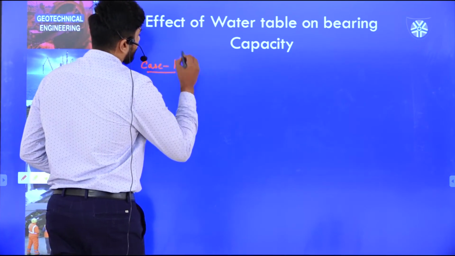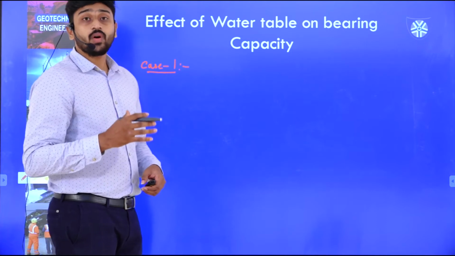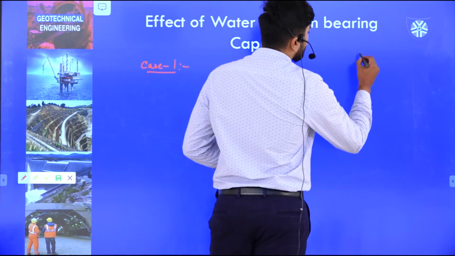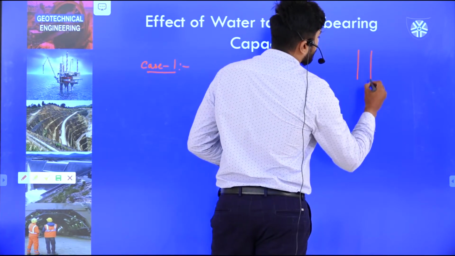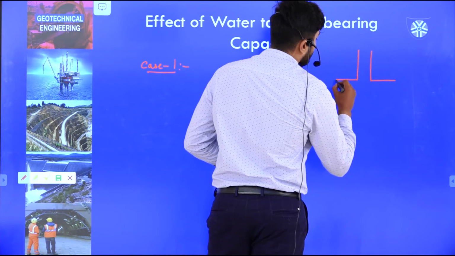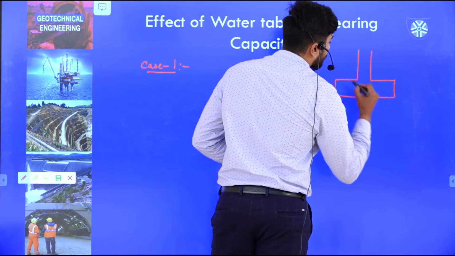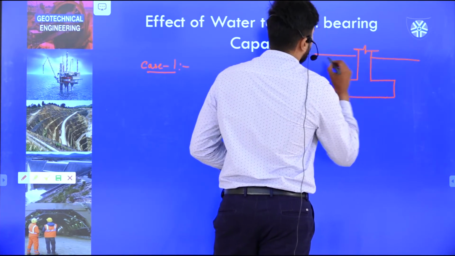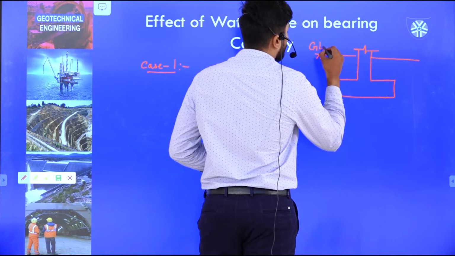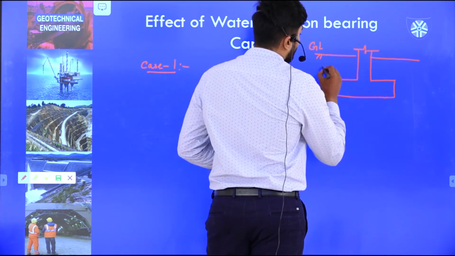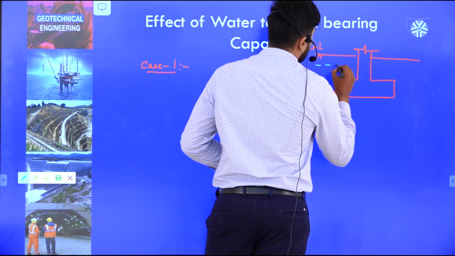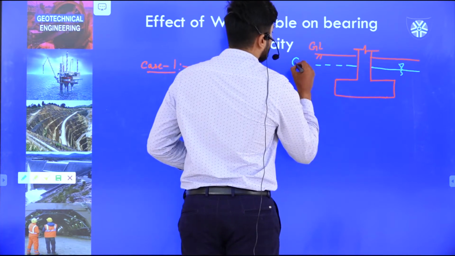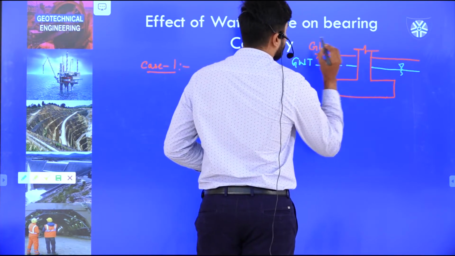Coming to case 1, when the depth of the water table is above the base of the footing. Let us consider this as a footing, and this is the ground level. Let us say the water table is somewhere here; this is the groundwater table.